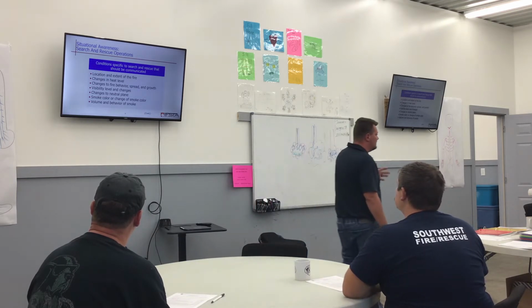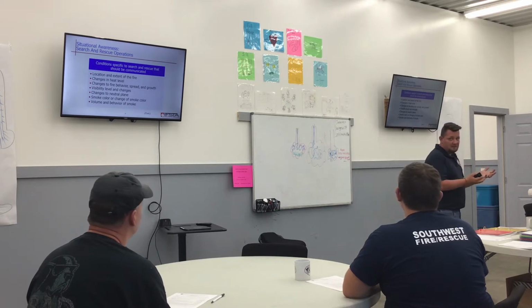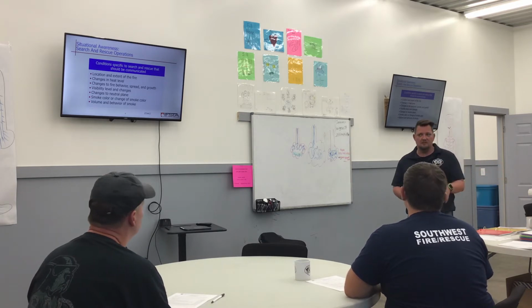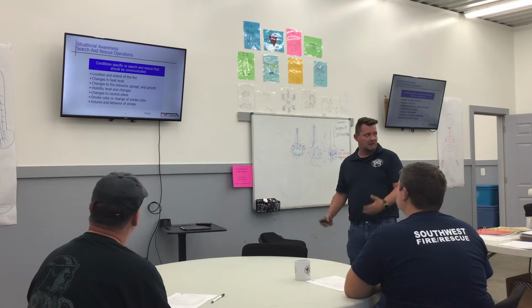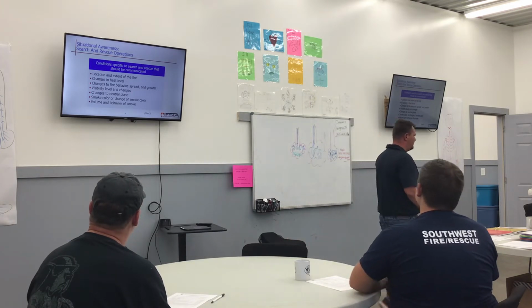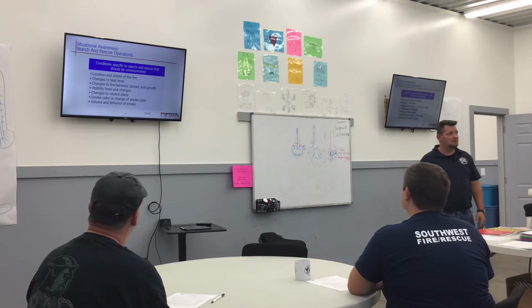So are we concerned with necessarily putting the fire out at that point? Because we're not part of that team, right? We're part of the search and rescue team, not the attack team, okay? So, but if we do locate fire, we want to relay that information to command so that way they can send in the attack team to the right place.